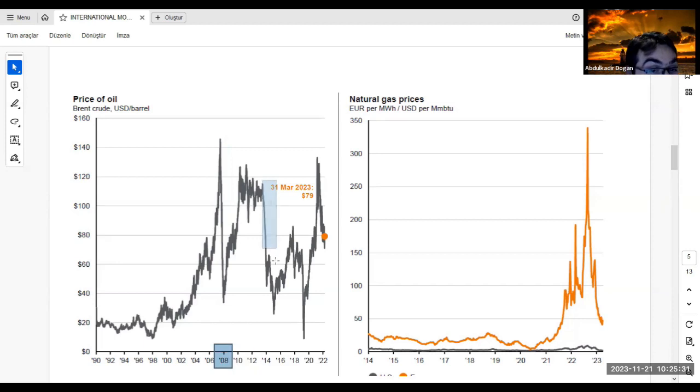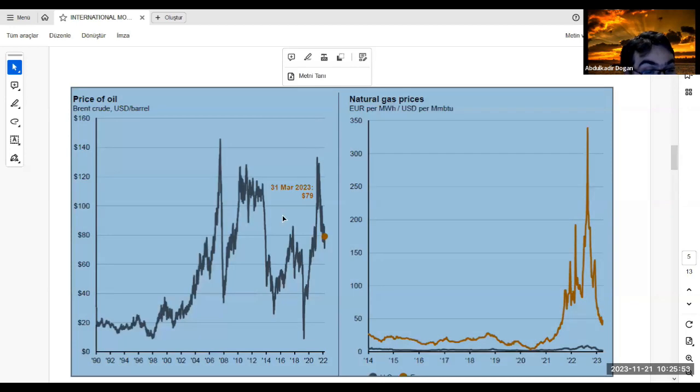What happened here? We have a sharp decrease again because of the debt crisis in the European Union, in Greece, in Spain, and in Portugal. And the oil prices decreased sharply. And what happened here?